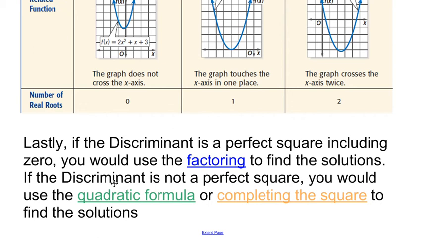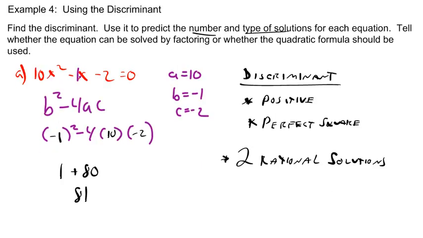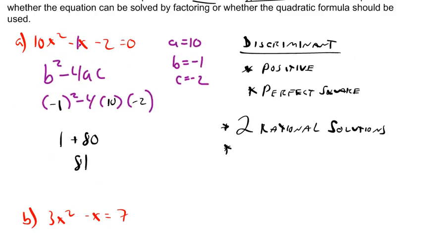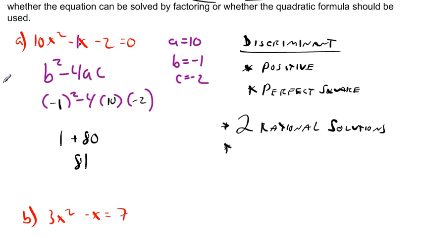But if the discriminant is not a perfect square, then you would use the quadratic formula or completing the square. Okay, so based off of that information, since 81 is a perfect square, we're going to use the factoring method. It would be a lot faster to solve this by using factoring, because you can factor probably a lot quicker than you can by using the quadratic formula. So we're going to use the factoring method.